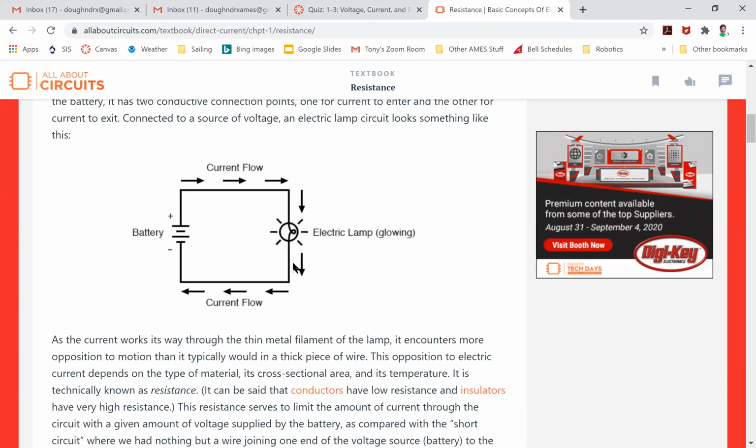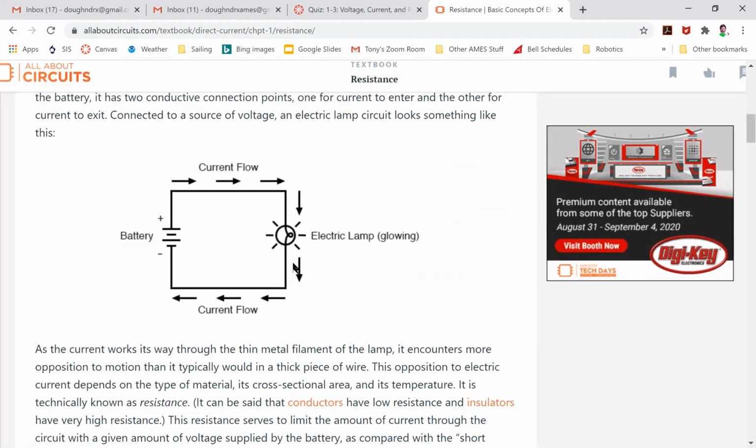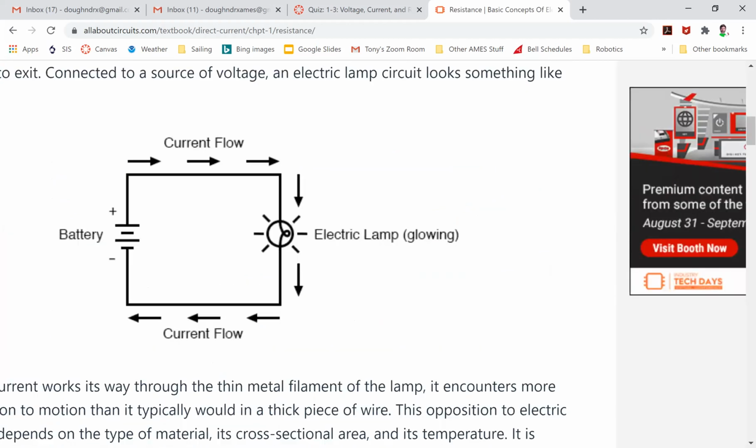All right, what you see right here, let me turn on annotation again. We have electricity flowing through a wire, and something in our path here is pushing back.